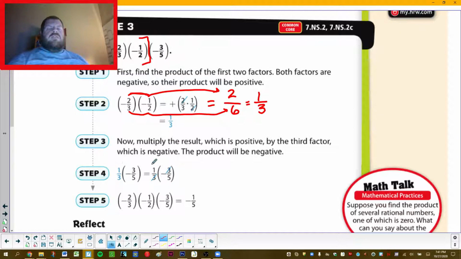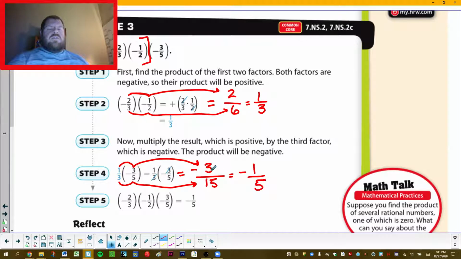And let's say, for instance, I forgot to do that cross-reducing. I have a 3 on the bottom and the top, so I could cancel them out. But let's pretend that I forgot to do that. So I know it's a negative. 1 times 3 is going to be 3. 3 times 5 is going to be 15. That does reduce to 1/5.